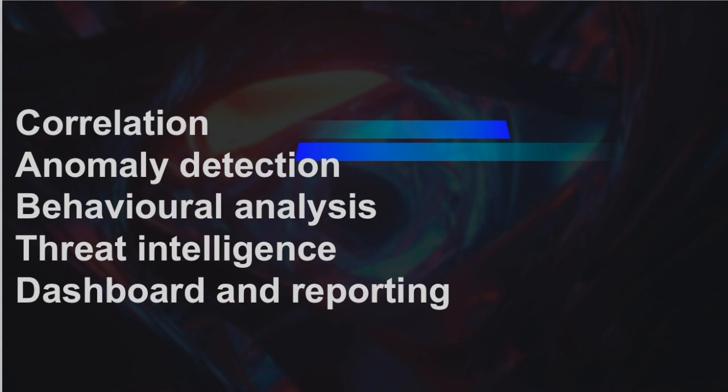So, the next method or technique is anomaly detection. Anomaly detection involves using machine learning and statistical methods to identify unusual patterns or behaviors in data that may indicate a potential security threat.